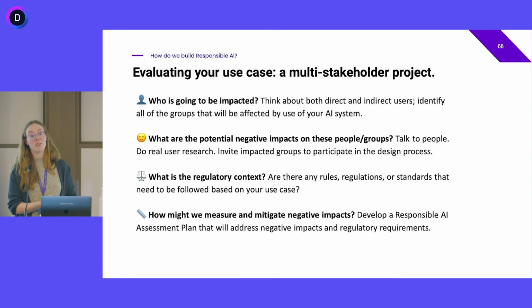Another great way to think about potential harms is by looking at the regulatory environment that your use case will be operating in. Because regulations are designed, and this might be a controversial statement, but I believe the regulations are usually designed to mitigate harm. They're designed to address some kind of negative impact that has been uncovered in the world.